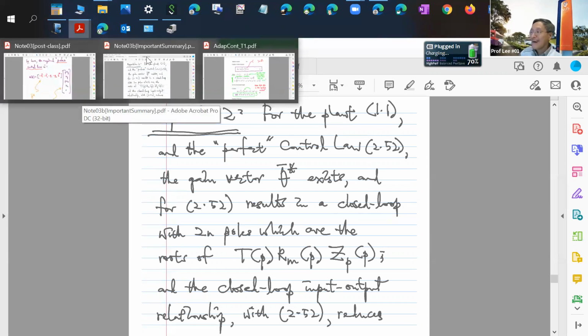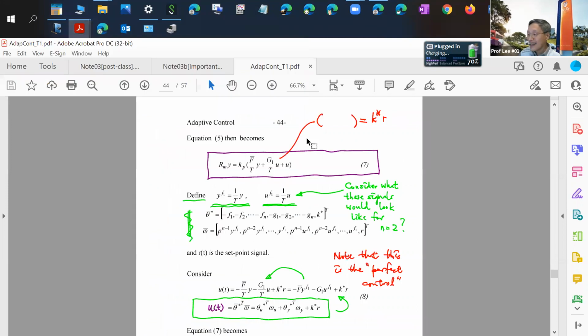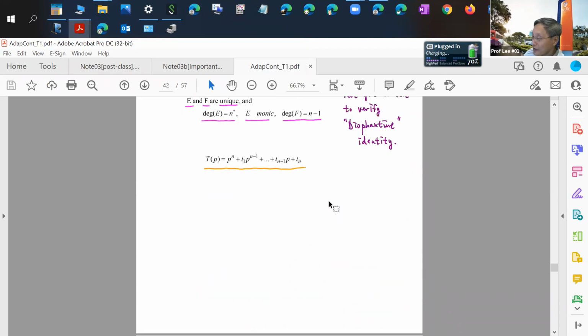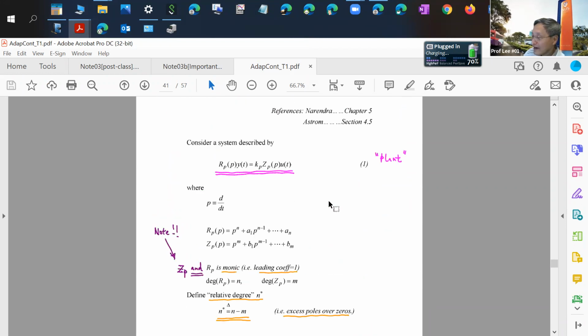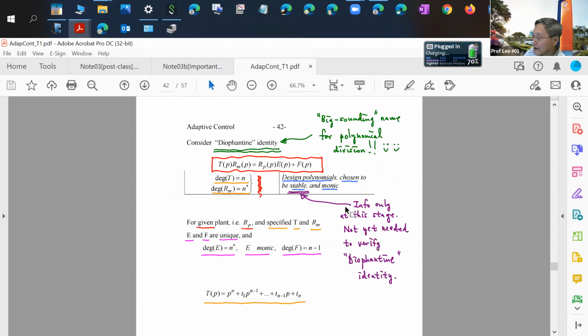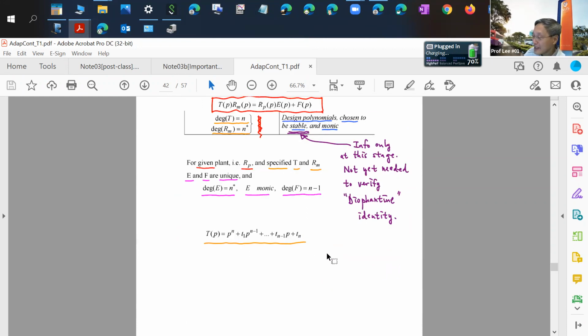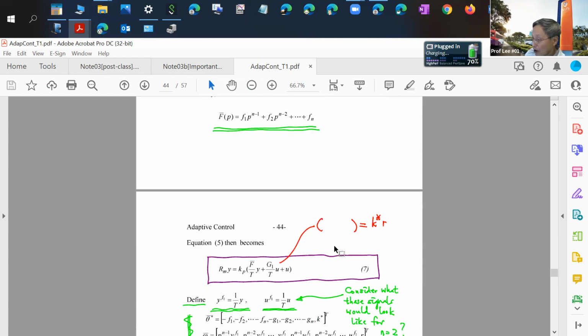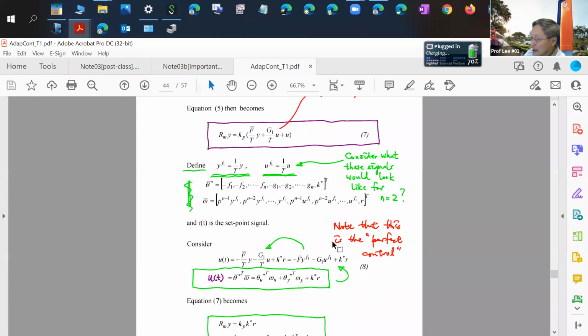I want to get on to the important result of developing the adaptive control law. Exactly as we've seen, change to the European notation as we said before. You start with the system in differential operator form, the Diophantine identity or whatever. Rewrite, do your operator theory carefully.